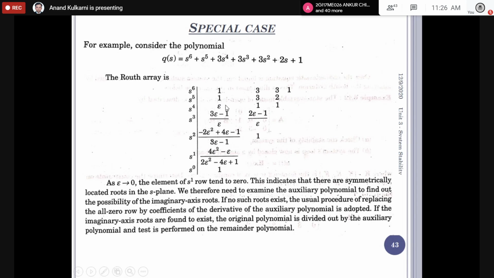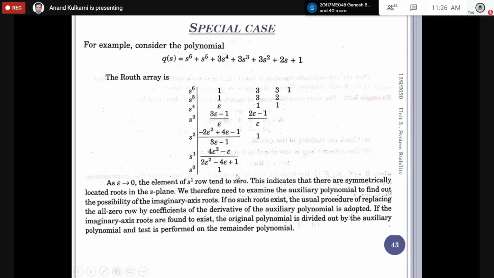And this into 1 minus 0 minus epsilon divided by this is 1. Correct? Then I have proceeded further. This whole thing multiplied by this minus this divided by this. After simplification, it will become like this. And the last is 1.